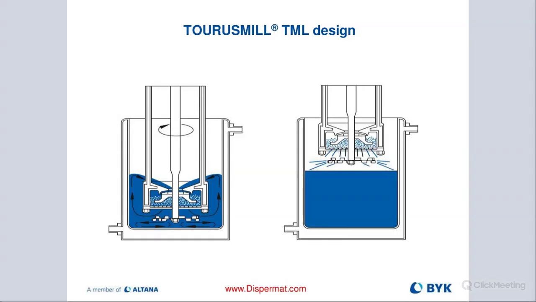If you're using solvent, obviously the solvent bath, and then we run it again for a few minutes so that the solvent can do a good job cleaning the internals of our mill as well as the beads at the same time.